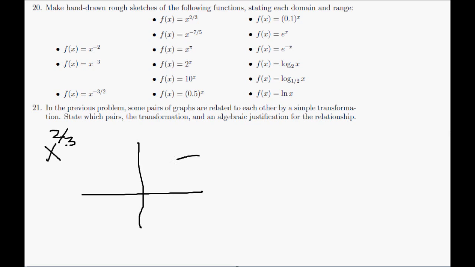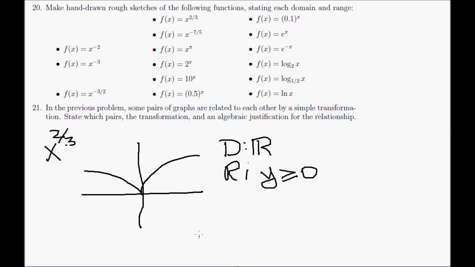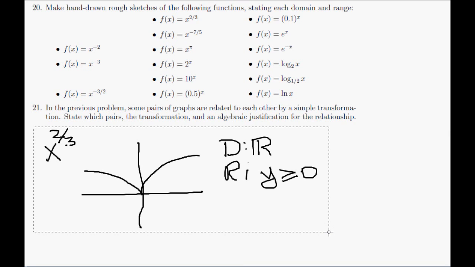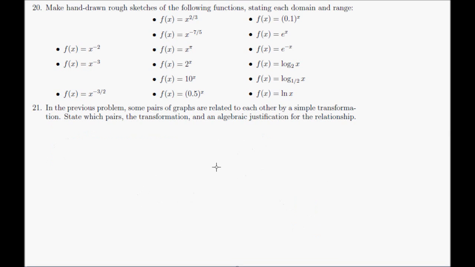It's going to go something like this, where this is supposed to be symmetric about the y-axis. So the domain is going to be all real numbers, while the range will be y-coordinates that are greater than or equal to 0. So that's the graph of x to the 2/3. It's defined on both sides of the y-axis because I have an odd number in the denominator of the exponent.